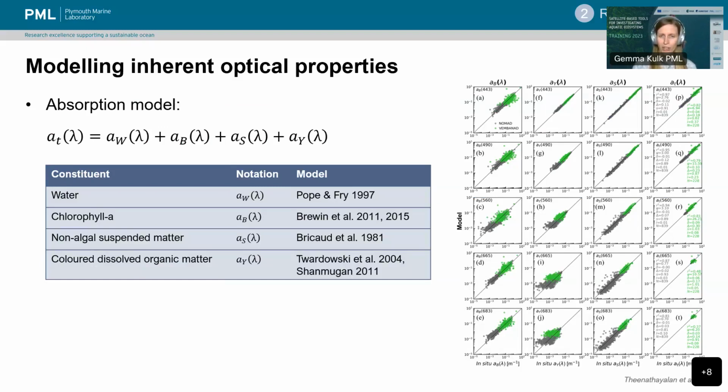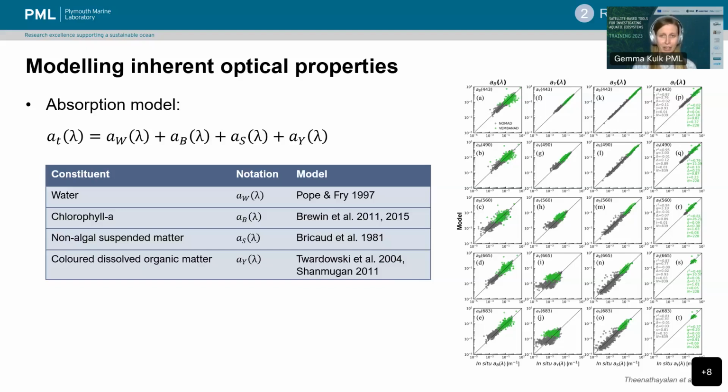The figure on the right shows the comparisons of these biomass, suspended matter, CDOM, and total absorption models from left to right, with the in situ data per wavelength, with wavelength from top to bottom. The in situ data is green for Lake Vembanad and gray for the NOMAD database.